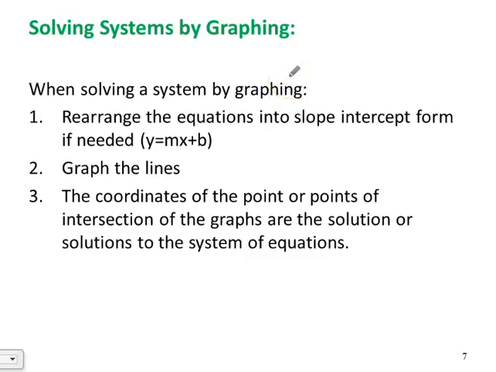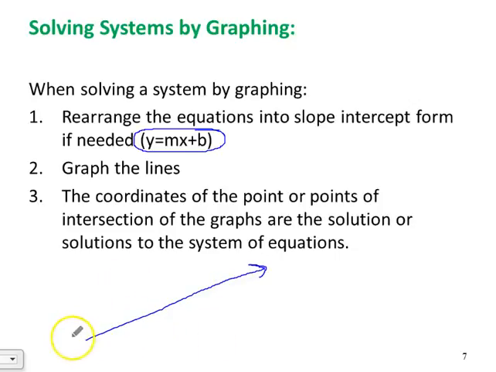So when we solve systems by graphing, we're going to graph our lines on a coordinate plane, just like we did with our warm-up question. And remember, to graph the lines, we always want to get them into slope-intercept form so that we can easily graph our lines. So once we graph the lines, we look to see if there's any intersection.